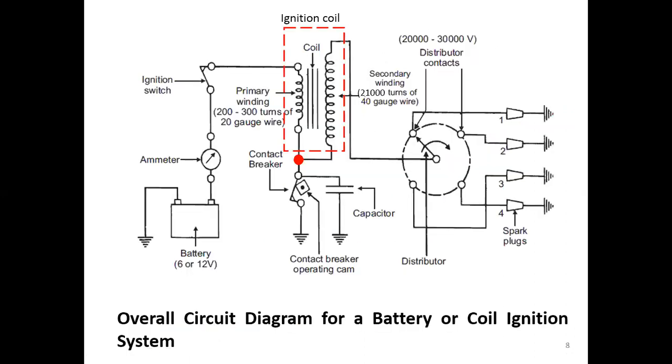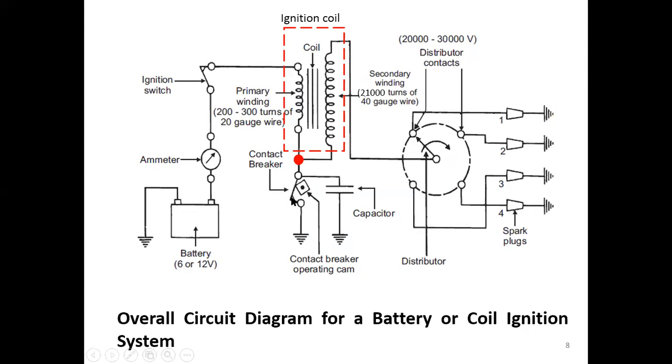This is the overall diagram of the battery or coil ignition system. We have the current going from the battery. When we close the ignition switch, the current will flow into the primary winding.